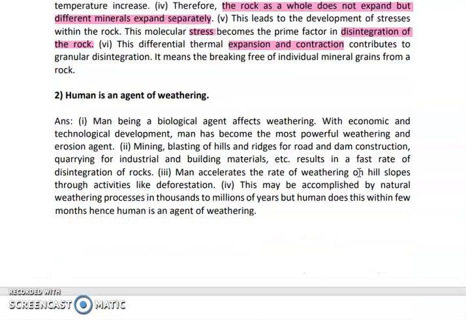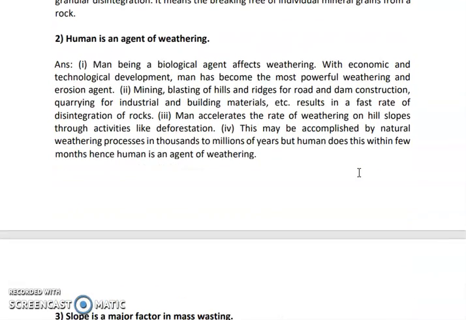Okay. Next is human is an agent of weathering. Now we all know that even a human does some type of activities which may lead to weathering. Which activities? These are activities like mining, blasting of hills, building of roads, construction of dams, industrialization, deforestation. All these things are increasing the amount of weathering day by day.